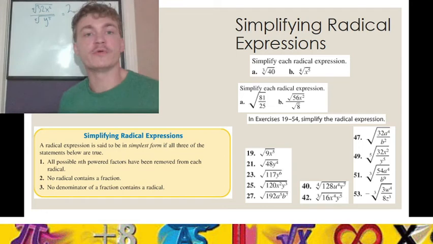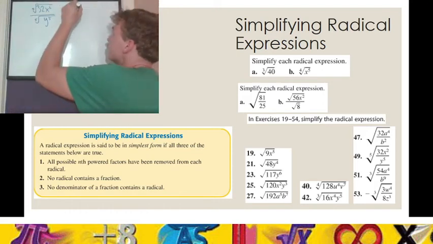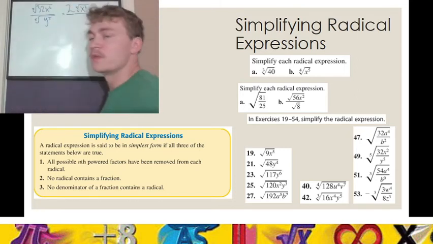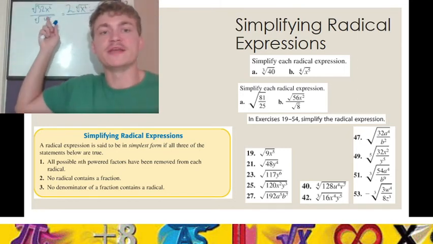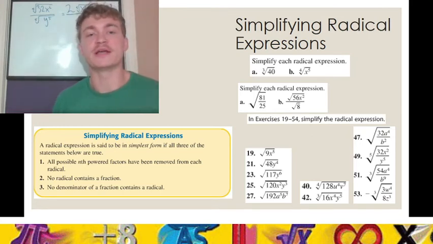What is the 5th root of x squared? X squared contains 2 factors of x. 2 factors of x under the 5th root cannot simplify out. Thus, we will leave the x squared under the 5th root radical. This is divided by the 5th root of y to the 5th power. We see here the exponent of 5 and the root of 5 are exactly the same.